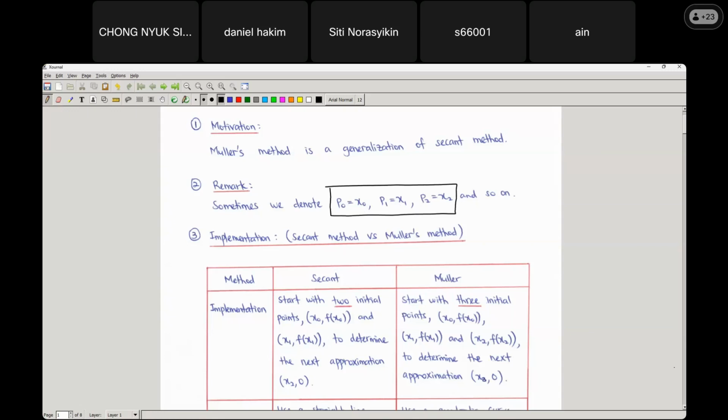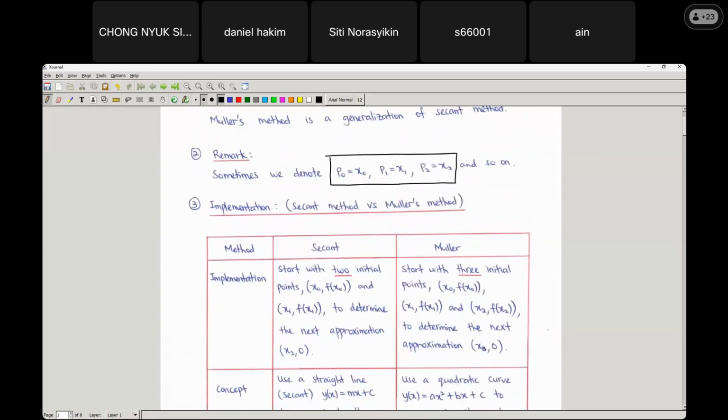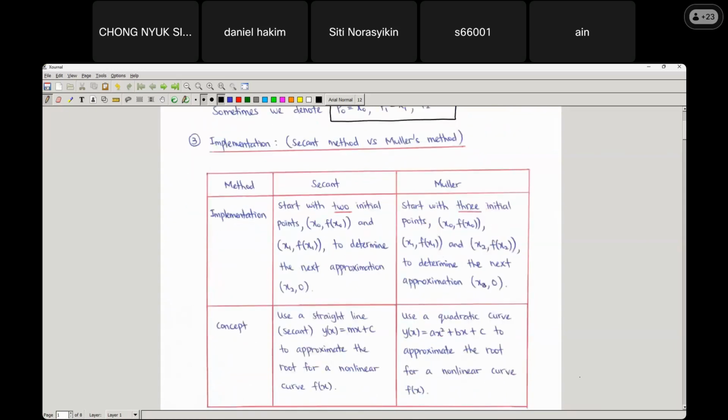Next, I would like to show you the differences between the secant method and Muller's method. Even though Muller's is a generalization of the secant method, there must be differences. First of all, let us look at the implementation. For the secant method we need two initial conditions, or two initial points, in order to calculate the next approximation, that is your x n plus 2, to find the root.